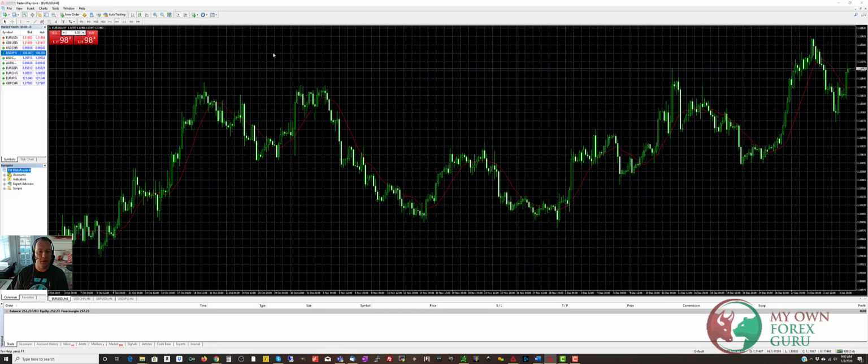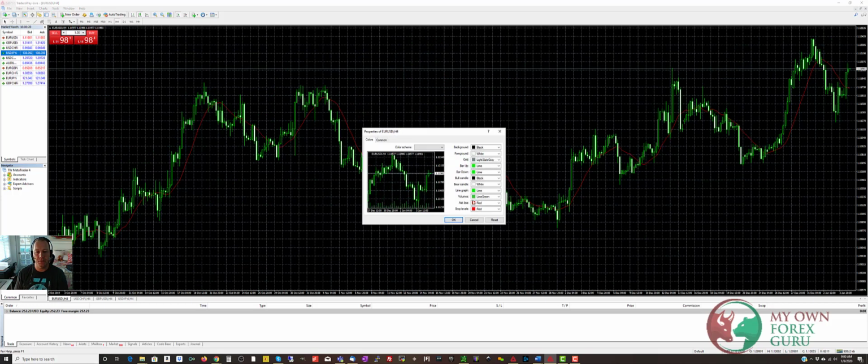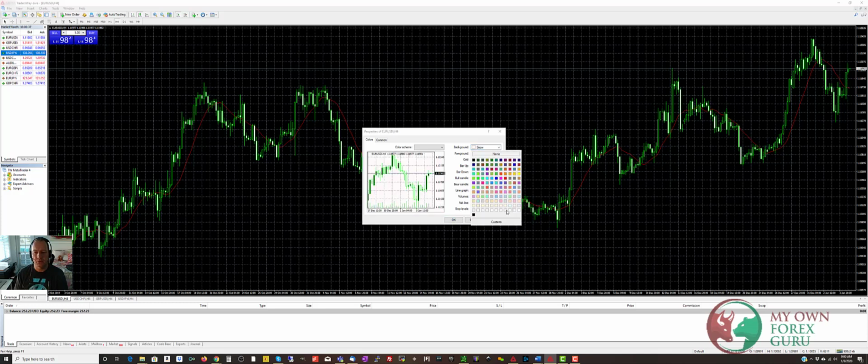I like to have an individual screen. I like to change the setup here on the properties, and I usually do away with a lot of things here. For instance, I usually have a light screen, gray. Don't use the grid.